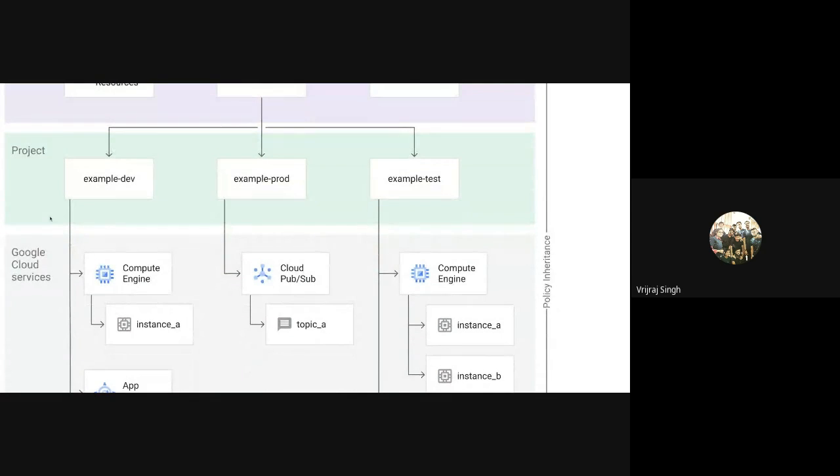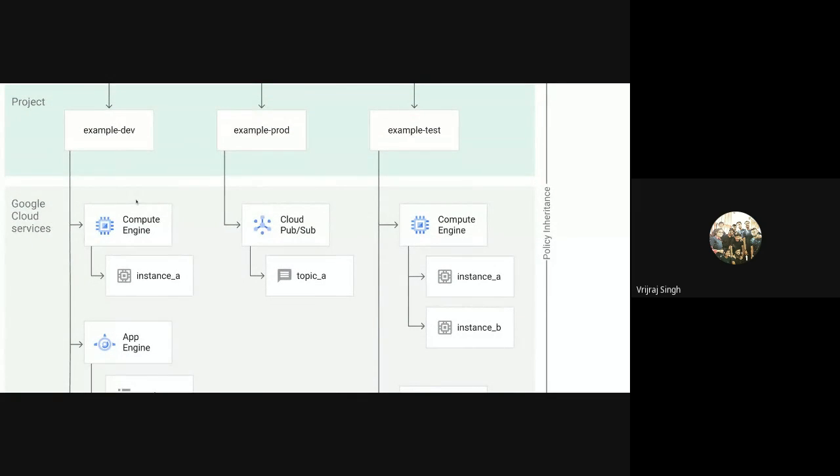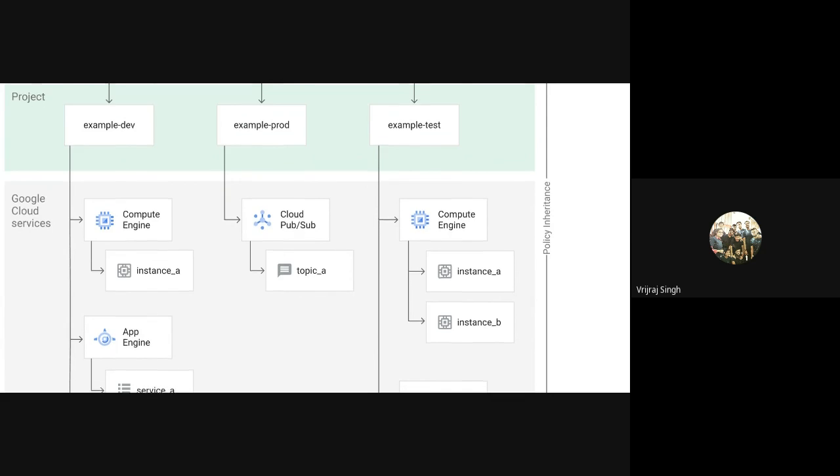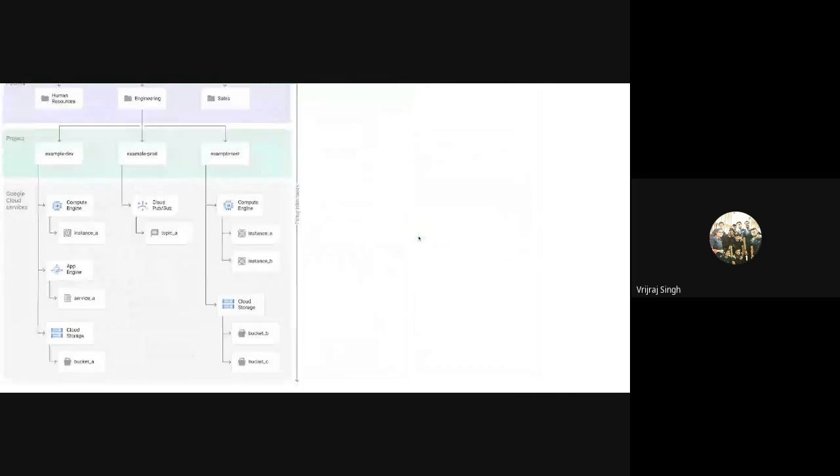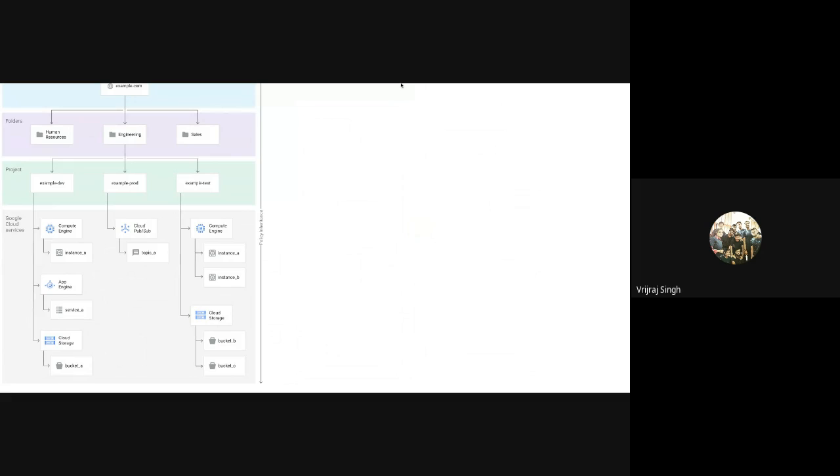I can provide a set of access to the developer team. I can provide a set of access to the production team who have access to production-level data. And then we can also provide some sort of access to the tester team who can access these services. So you can do these kind of things with the help of IAM services.